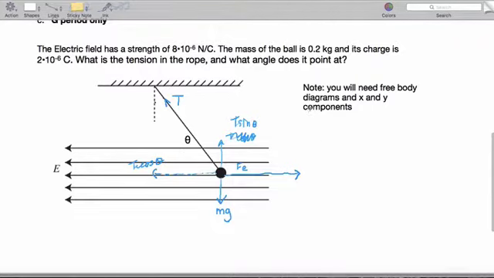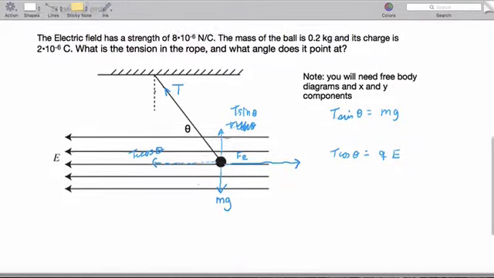What we're going to do is balance forces in the x and y direction. So in the y direction, T sine theta balances mg. And in the x direction, T cosine theta equals the electric force, which in this case is going to be Q times E. The first thing, I'm going to get the angle first, because it allows me to do a little bit of simplification.